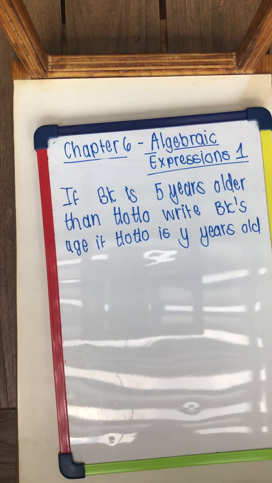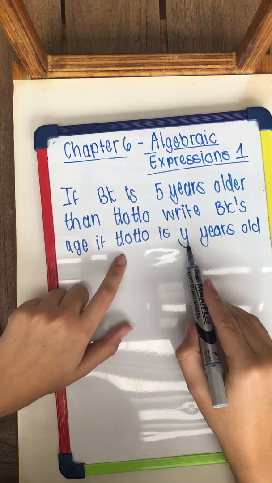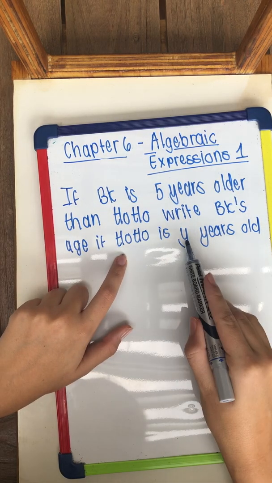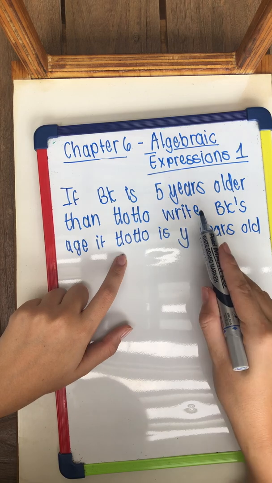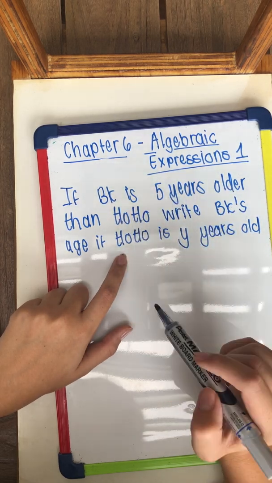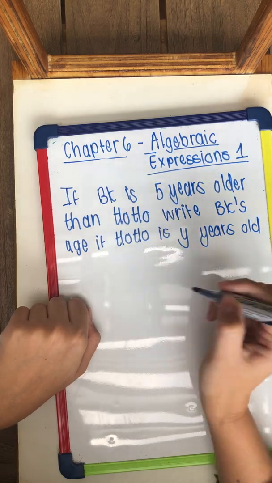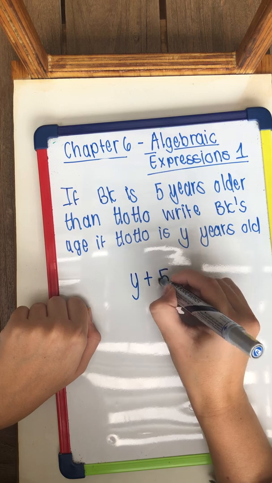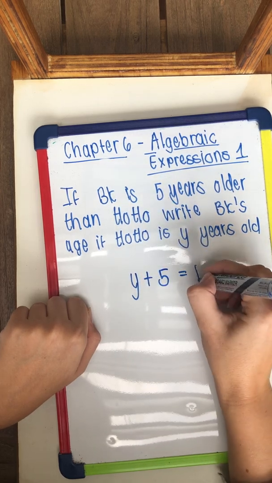So I want to know if Tlotlo is Y years old. It doesn't matter, this is a variable, so I don't know what the age is, but if he is Y years old, how old will BK be? Now I know BK is 5 years older than Tlotlo. So whatever Tlotlo's years are, that Y, I have to add 5 to get BK.